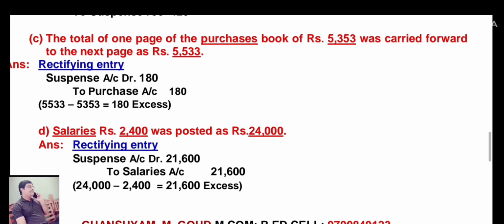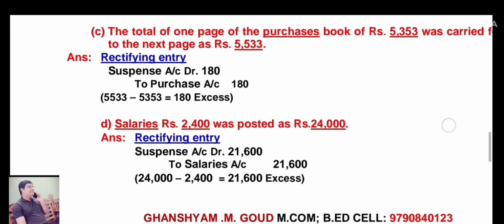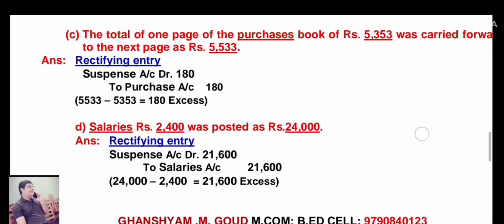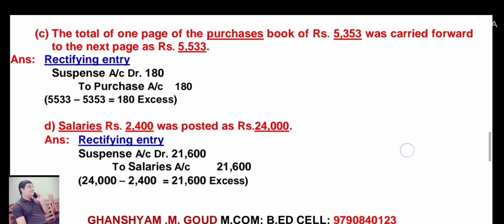Purchase is a debit balance, the opposite of which is credit balance. So the rectifying entry is suspense account debit rupees 180 to purchase account 180. Understand?